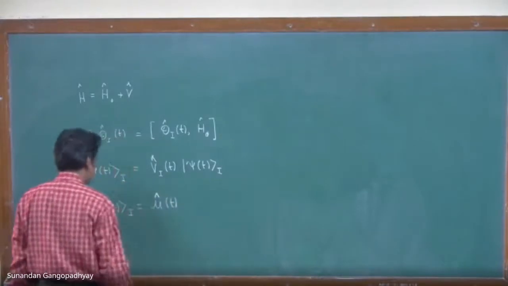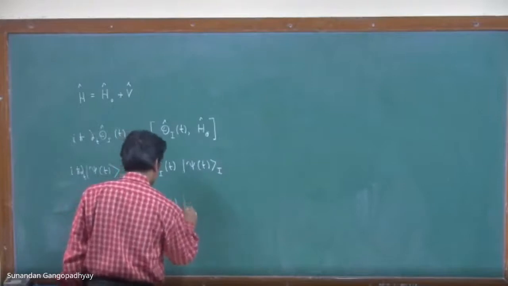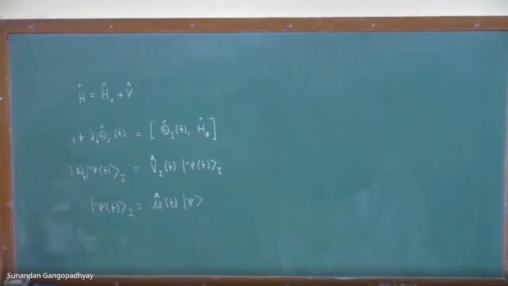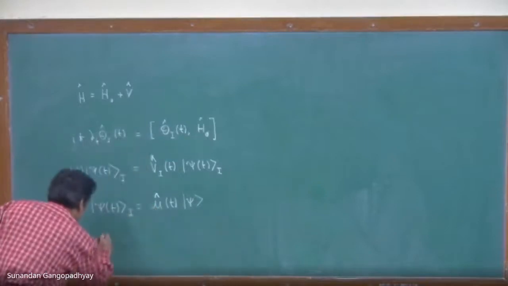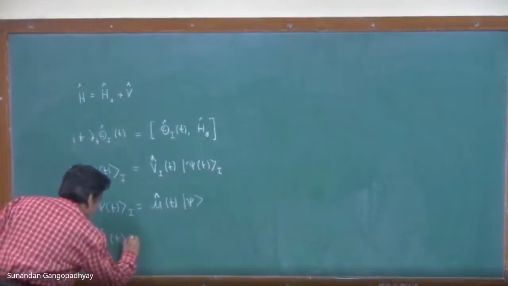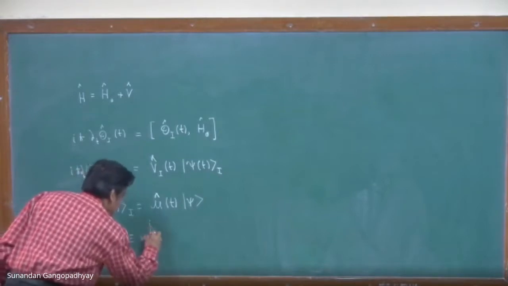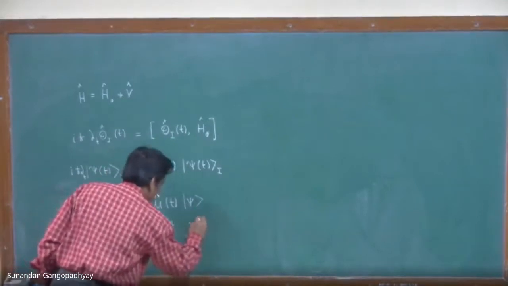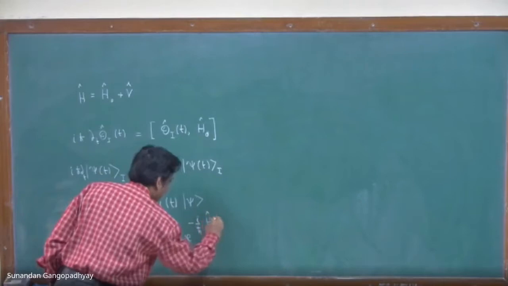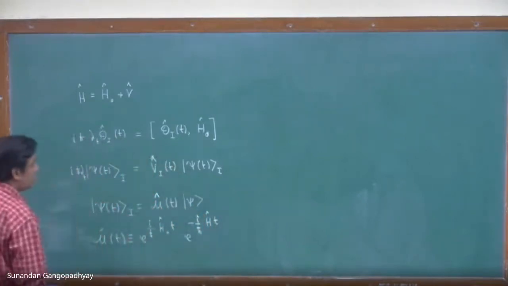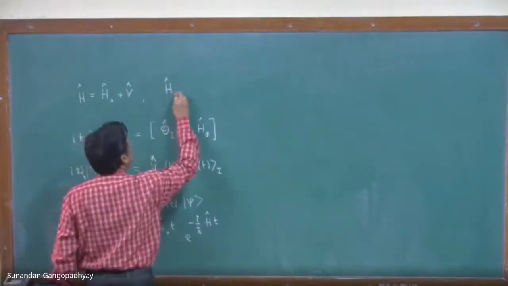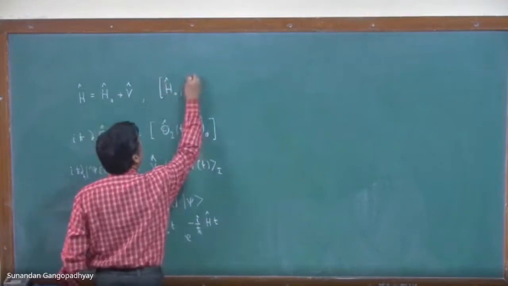We have introduced it this way: the evolution operator U hat t is nothing but e to the power of, and what is important is the following, that here we should remember that H hat naught does not commute with V hat.